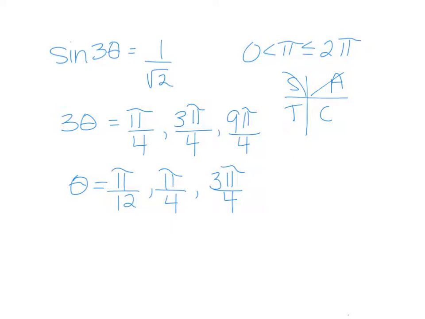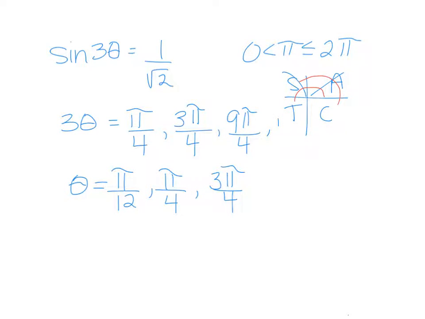What would be the next one after 9 pi over 4? 11 pi over 4? Because if we went all the way around and to there again, there's 8, 9, 10, 11. Oops, 11 pi over 4.